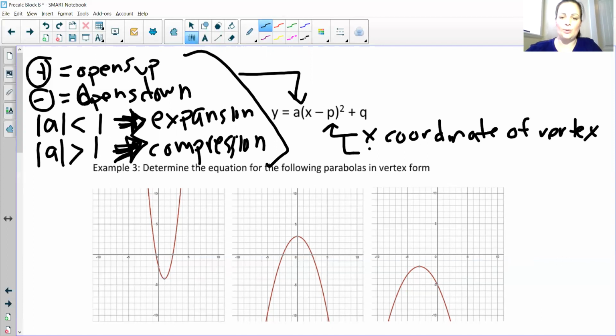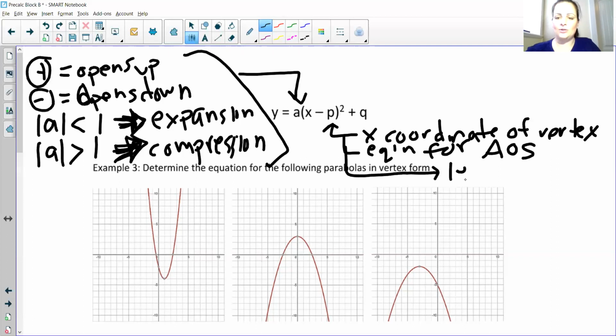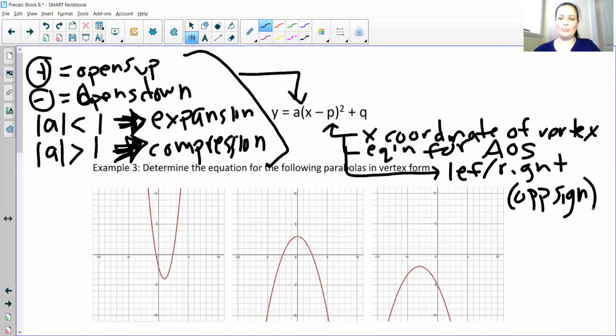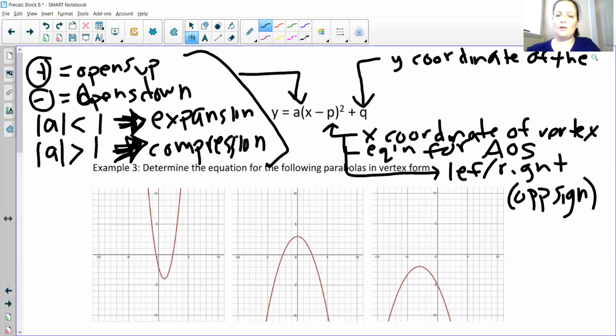It gives us the equation for the axis of symmetry, and it tells us whether it's going left or right, and remember we have to use the opposite sign on this one because the base formula has negative P. All right, and then the number in the Q position will tell us the y coordinate of the vertex.